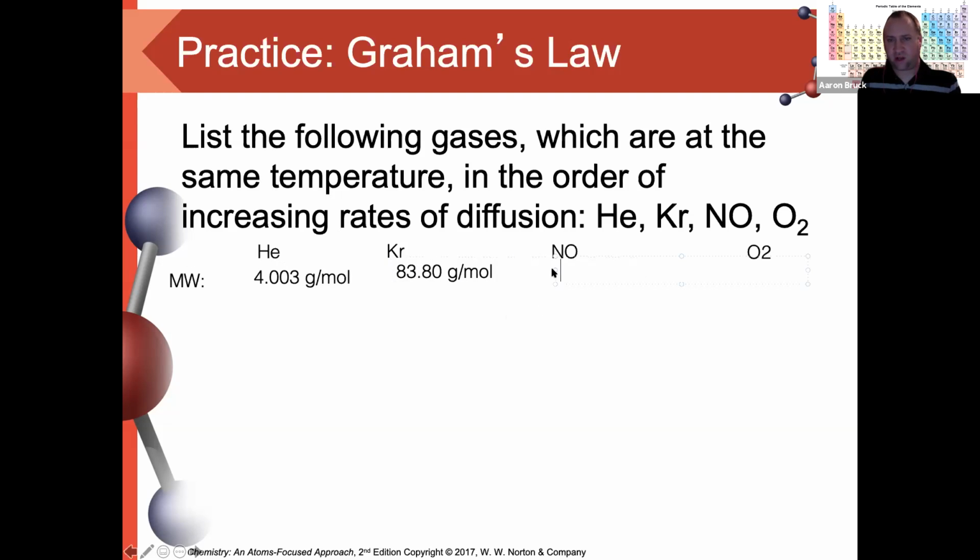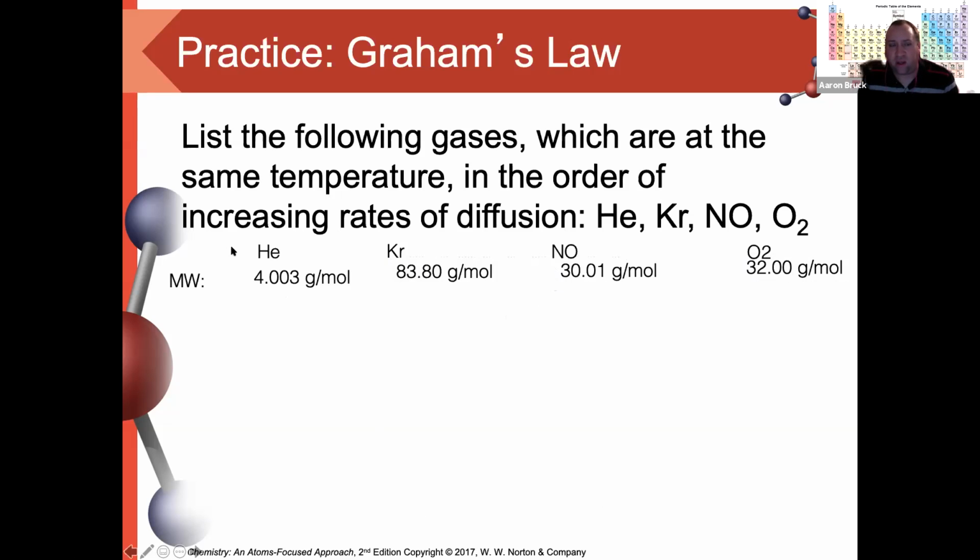For nitrogen monoxide, 14.01 plus 16, 30.01 grams per mole. And for oxygen, it is 32 grams per mole. So here are my 4 molar masses.